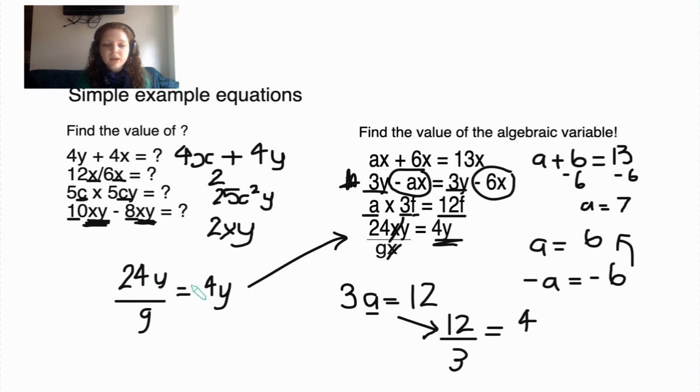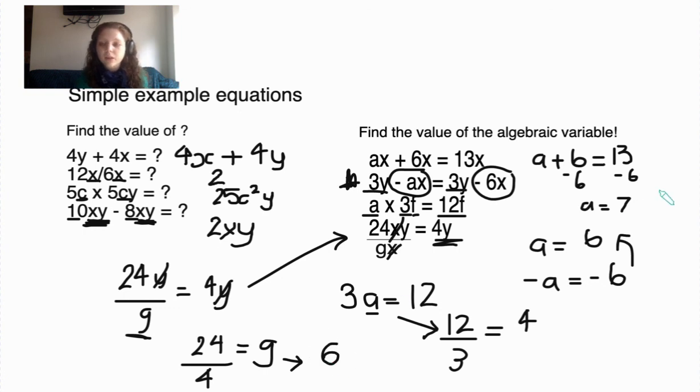This y here accounts for this y here, so then you know that g is just a numerical variable. You've got 24 divided by 4 is equal to g, which means that g equals 6.